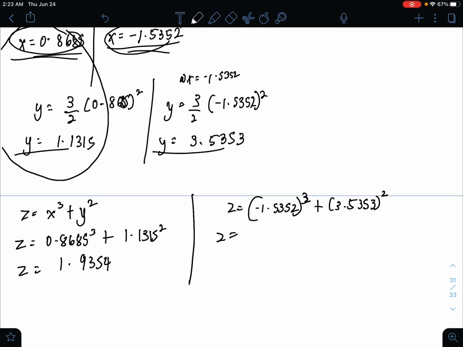This one is negative 1.5352 cubed plus 3.5353 squared. Okay, the answer is 8.88012.